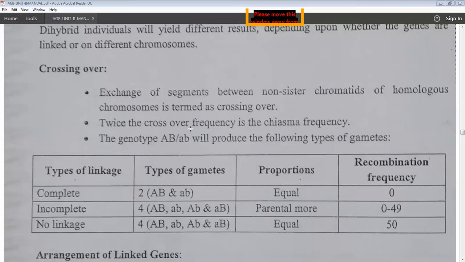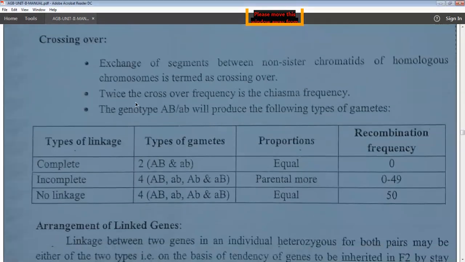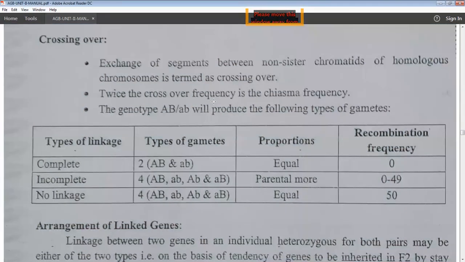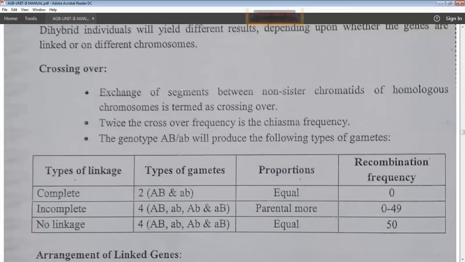Twice the crossover frequency is the recombination frequency. The genotype AaBb will produce the following types of gametes. As I had already told, if there is linkage, then we will have only two kinds of gametes.